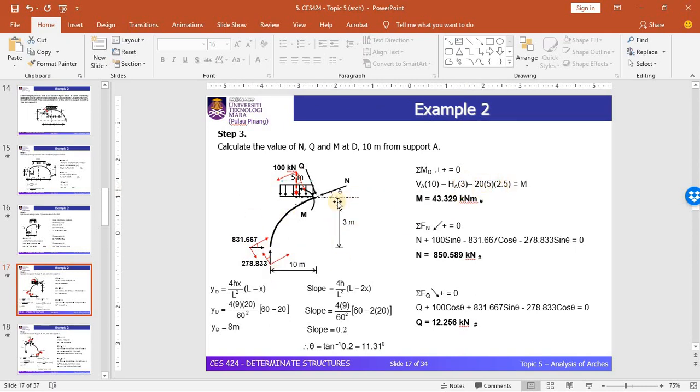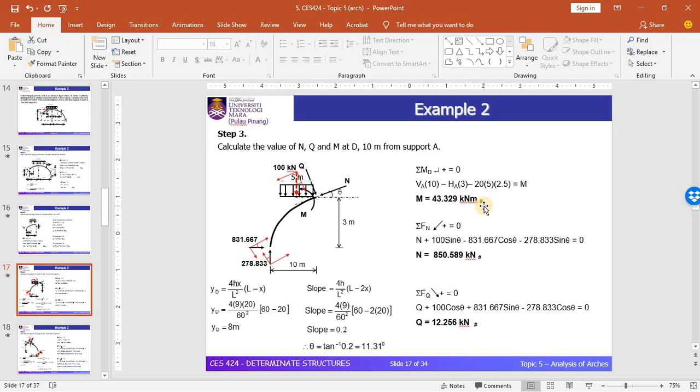Also for the UDL load, 20 multiplied by 5 gives 100, multiplied with the distance 2.5, which is the distance from this point load to the cut section. Simplified, the moment is equal to 43.329 kilonewton meter.